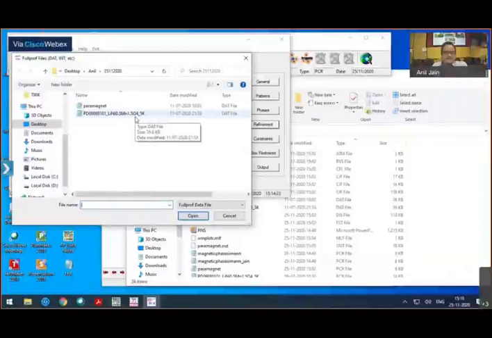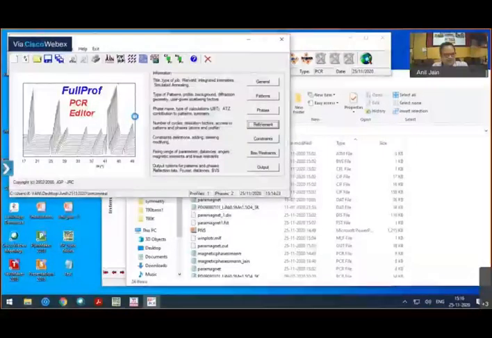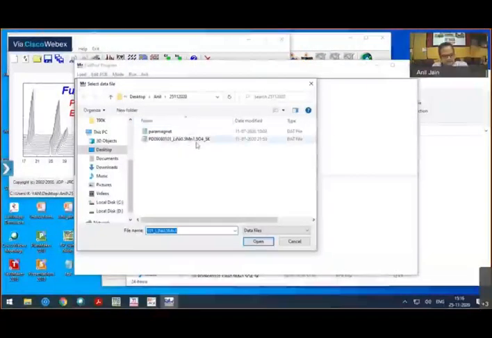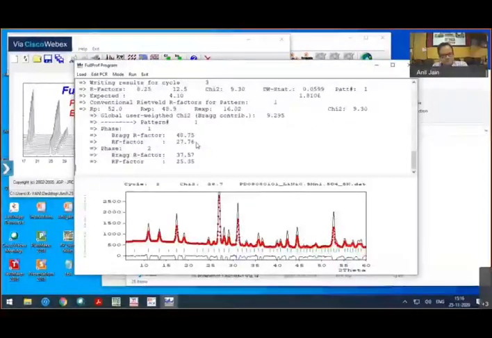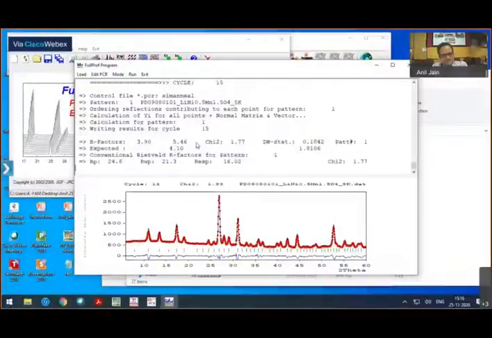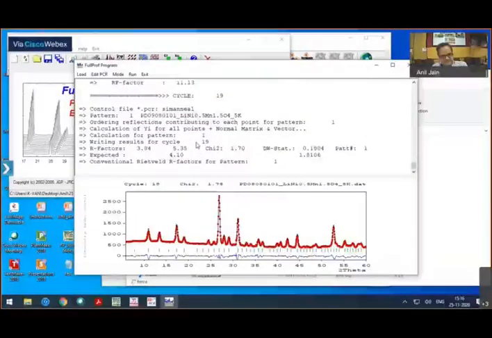This should be at the temperature where you are seeing fully magnetic peaks. Now you can see it is running.